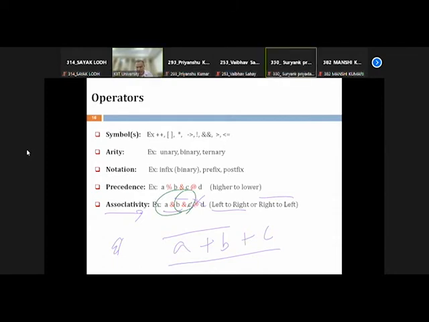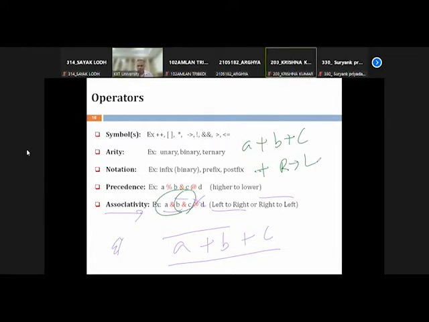Yes, sir. How did we decide left to right or right to left? Can you explain again? I wrote A plus B plus C. If I say the plus operator has associativity from right to left, which one will I evaluate first?